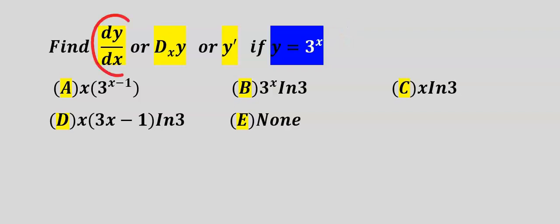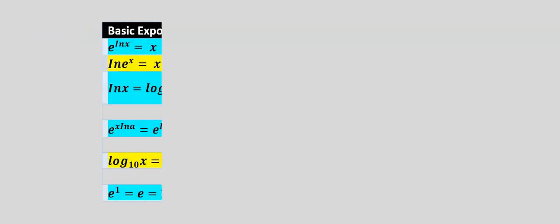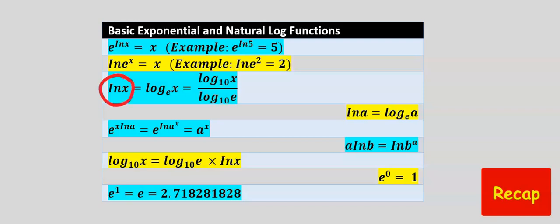To find the derivative of this form of function, step number 1, take the natural log of both sides. Recall that the natural log of x is the same thing as log x with exponential base.